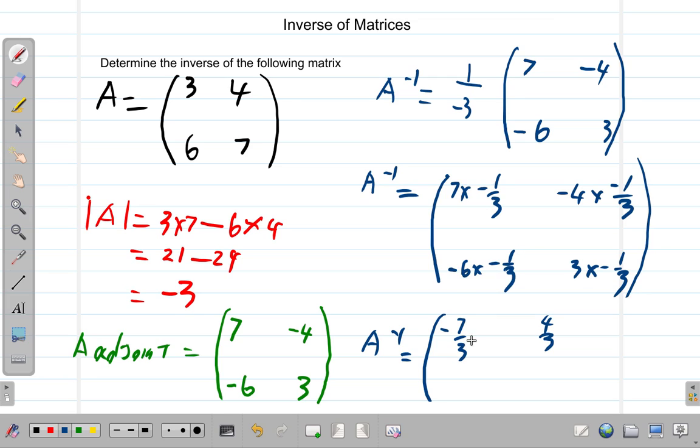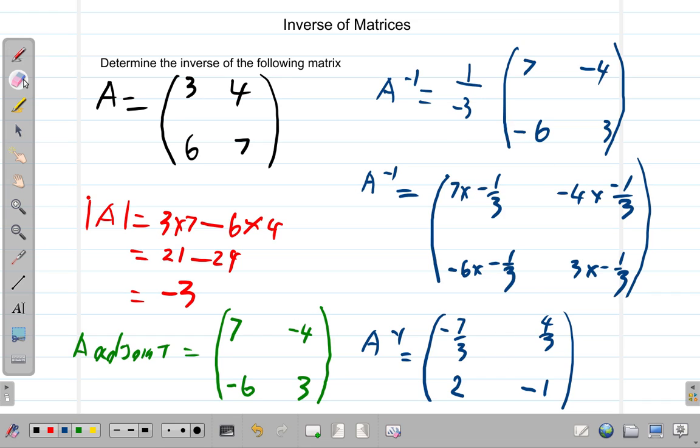This will be negative times negative again, so it's positive 6/3, and 6 divided by 3 is 2. And this will be negative, 3 times 1/3 is 1. Okay? So that's what you have. Is that what you got?